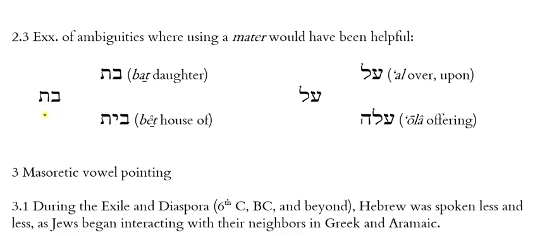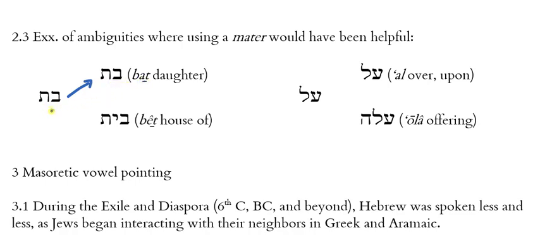Bat means daughter, bait means house or house of. So if the scribe comes across this word and says, well, that's the word bat, and I know it's the word bat given the context, that's supposed to be the word daughter, the scribe would do nothing and leave it be, and then it would be read as bat by subsequent readers.